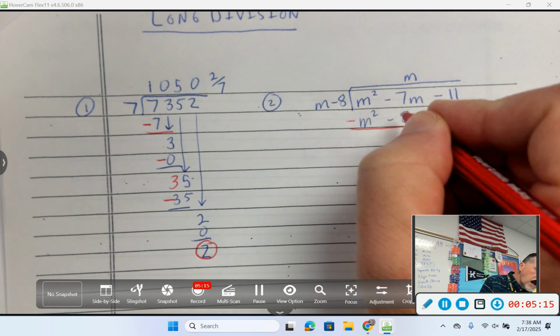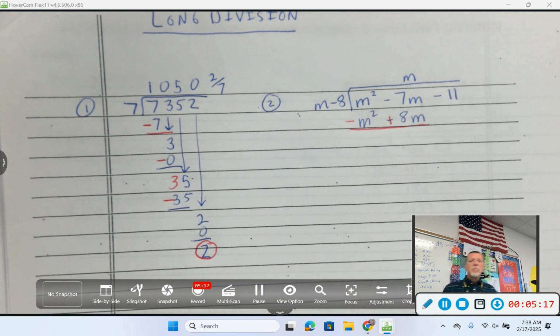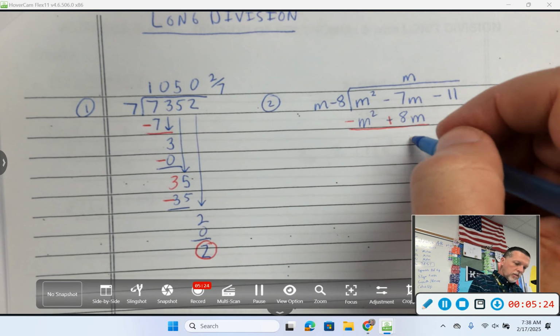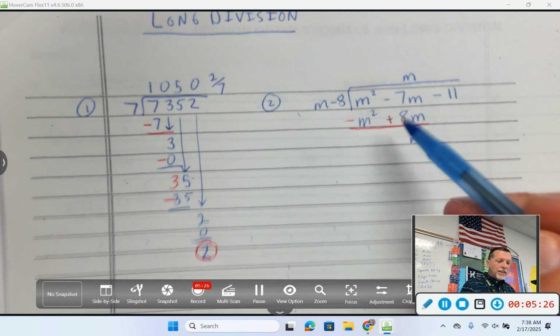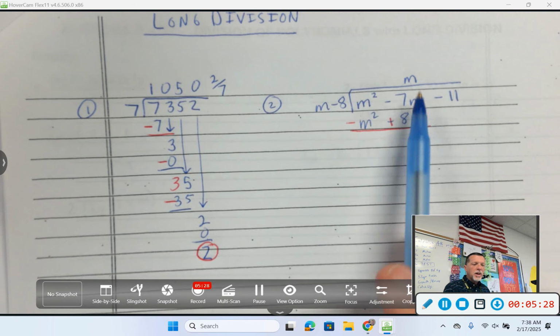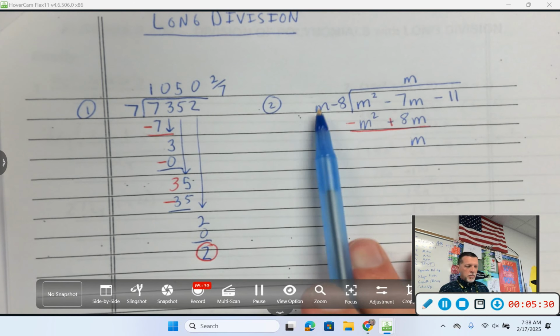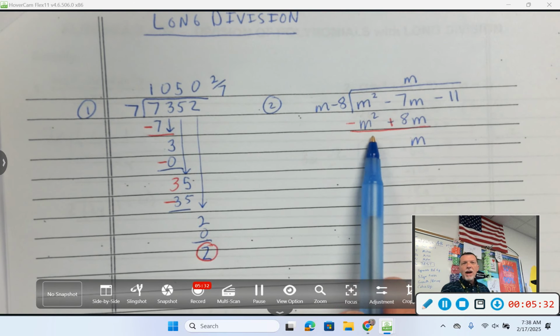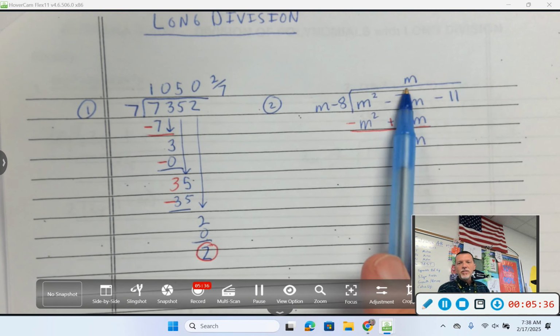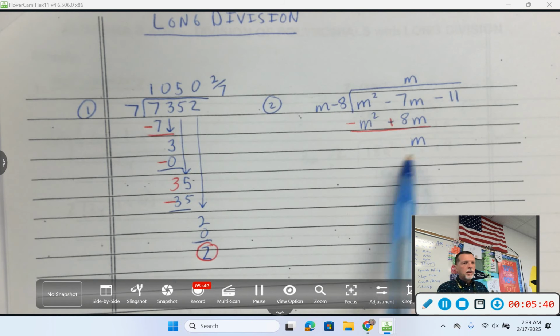So we'll subtract, and so it would be minus m squared and then plus 8m. So that lead term should always cancel out, right? Because you picked m to multiply by m to get to m squared to make that happen. If it doesn't, then you did something wrong. And then negative 7 plus 8 gives me m.